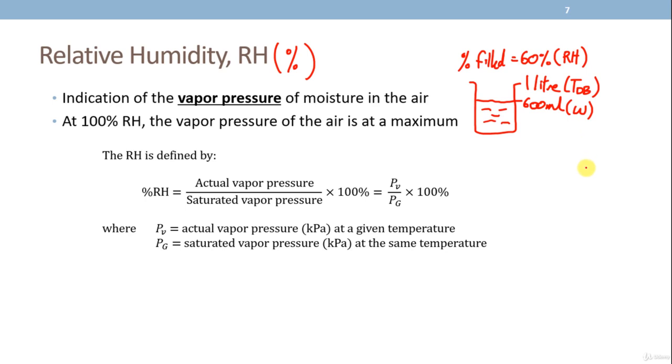Now using this simple illustration, if I want to increase the RH in the room, let's say the current RH in the room is 60%, and I want to increase it to maybe 70%, what can I do? There are two ways to achieve that.